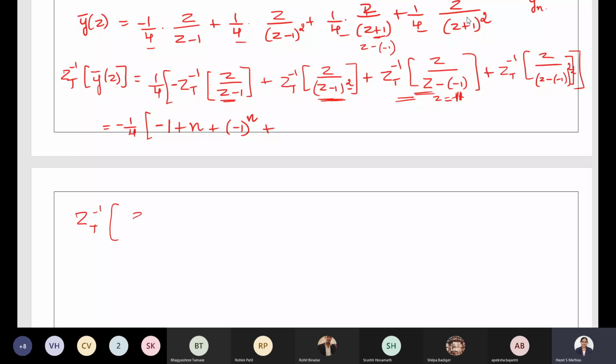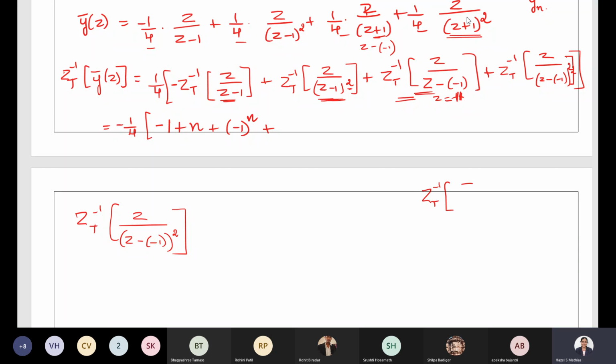Inverse z transform of z by z plus 1 whole square. So I have written it as z minus of minus 1 whole square. We have over here z by z plus 1, but we do not have the formula for plus term. That's why we split this as z minus of minus 1 whole square. And there is a formula, see, over there are standard z transforms.